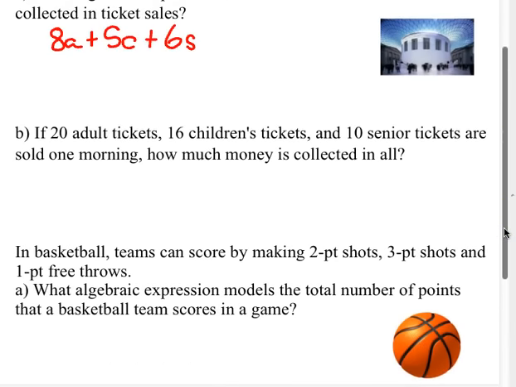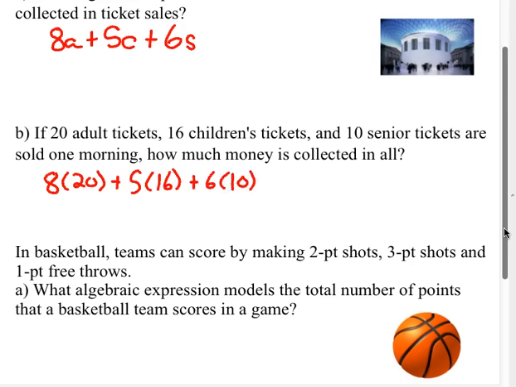Now, the evaluating step. So what if we buy 20 adult tickets, 16 children tickets, and 10 senior tickets, okay?